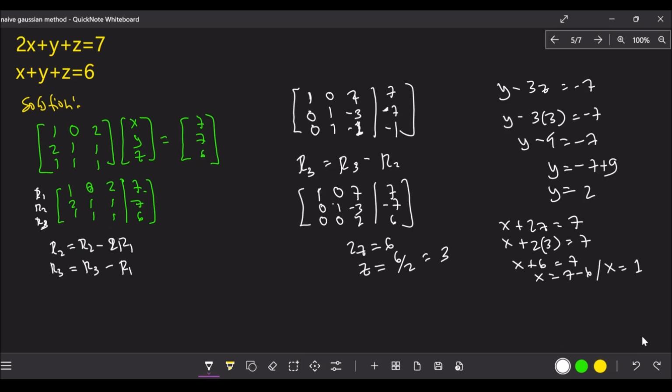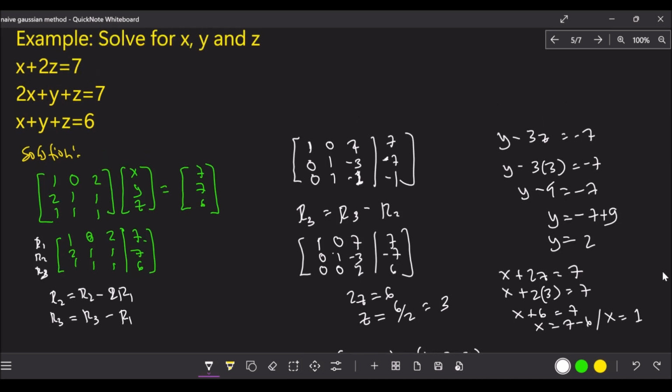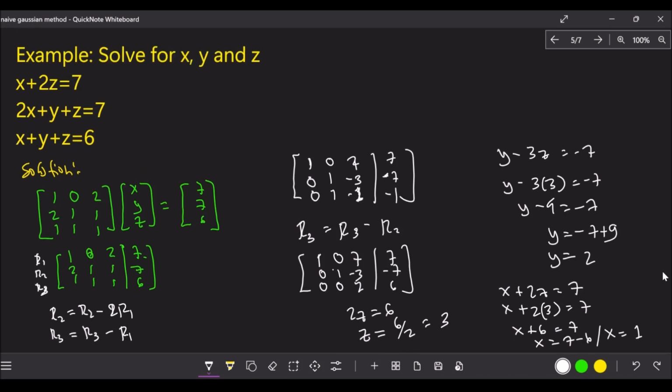So in general, our x, y, and z is equal to 1, 2, and 3 respectively. So this is now our solution of the three equations, no, using naive Gaussian elimination.